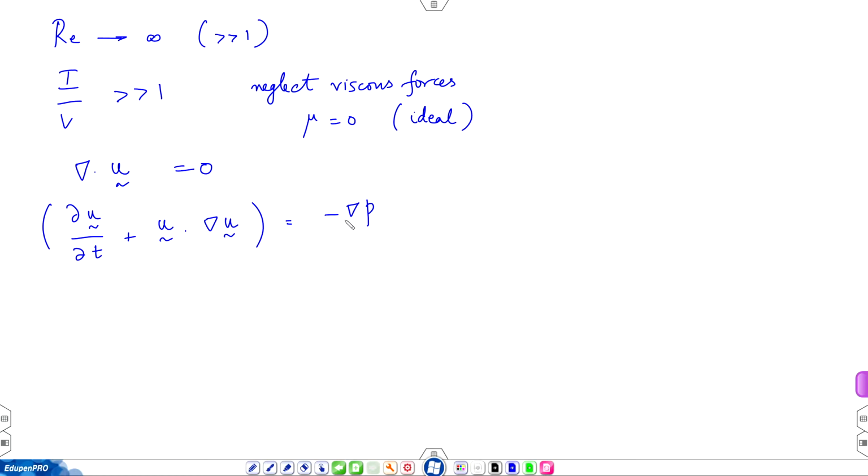This system is often called the Euler equations. So, Euler equations are definitely non-linear through the non-linear acceleration terms. Right? U dot del u is a product of velocity and its derivatives.